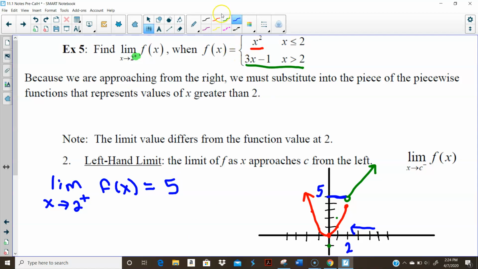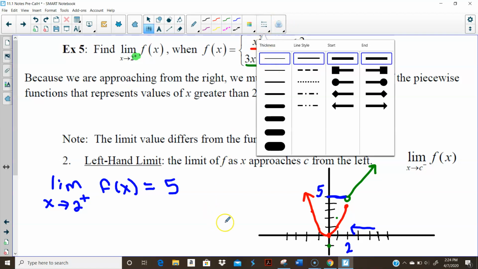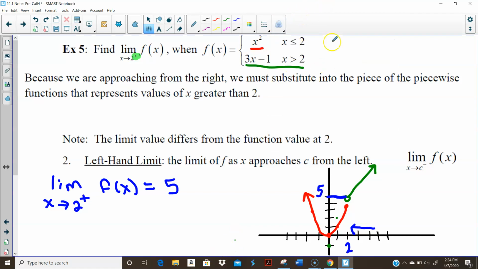Now there's one other way that I can do this, and that's by using substitution. If you want to use substitution, you have to pick the piece that is on the right side of 2, or upper bound. So we are going to have to use the linear function.